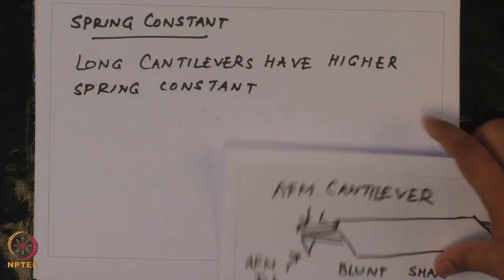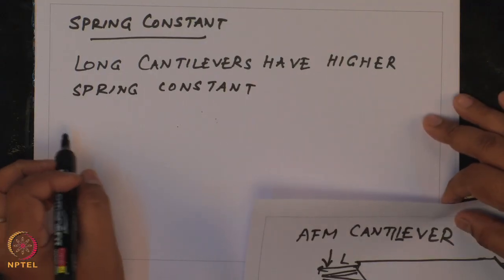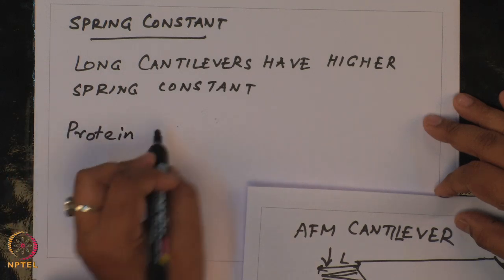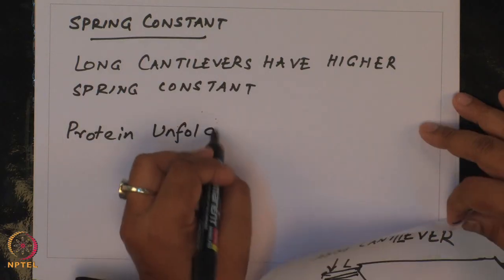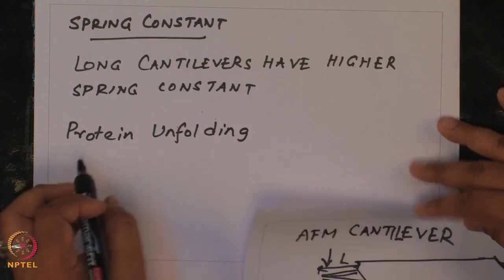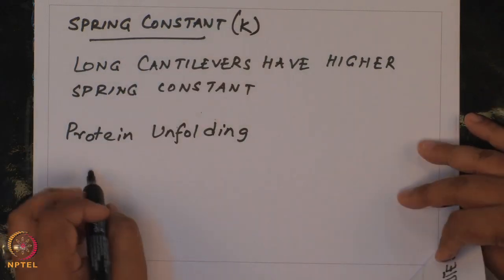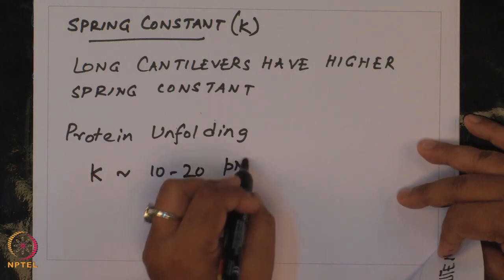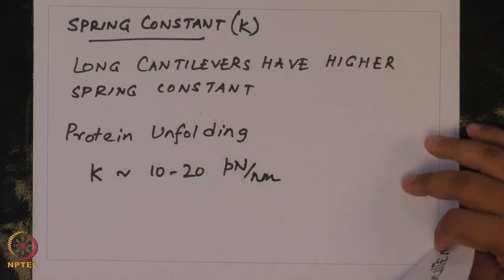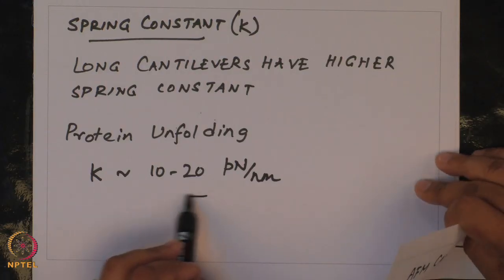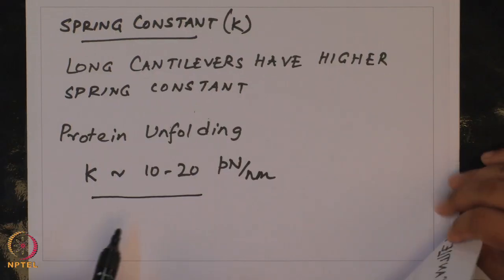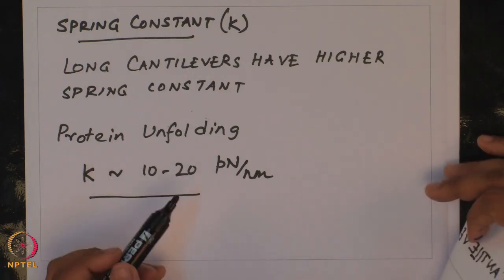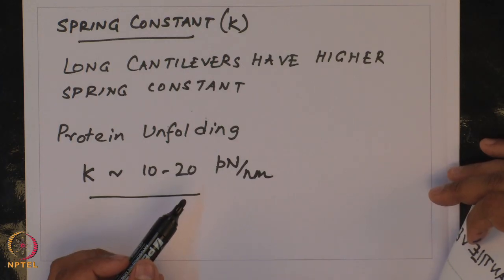For probing proteins or protein unfolding, the spring constant K has to be of the order of 10 to 20 piconewton per nanometer. The spring constant has to be of this order because the forces required for unfolding a protein domain might be of the order of tens of piconewtons.